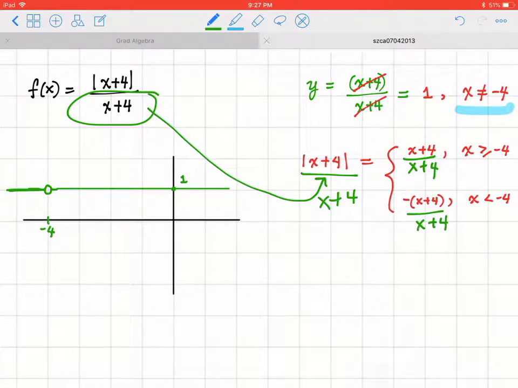The domain piece right here doesn't change, notice. That just stays the same. And now what we can do is, let's go back over here.